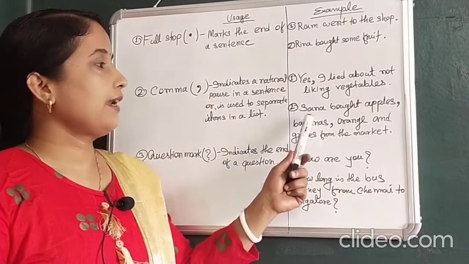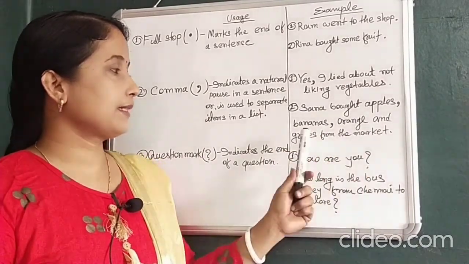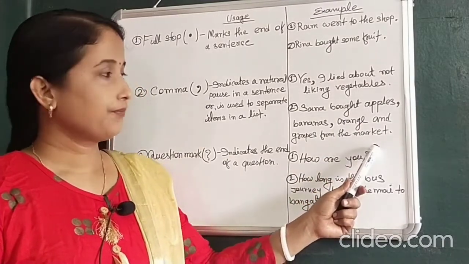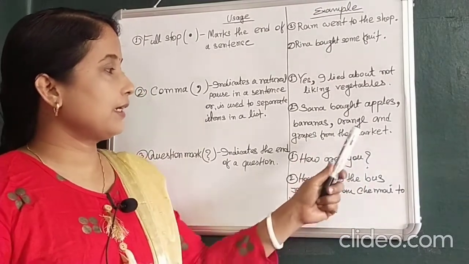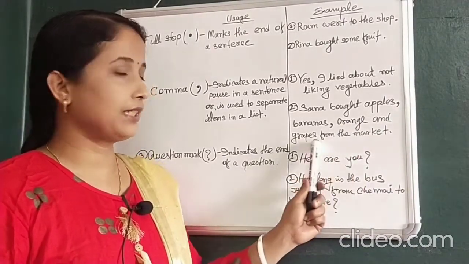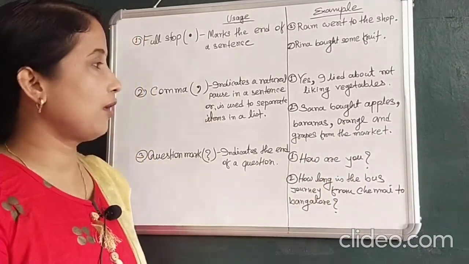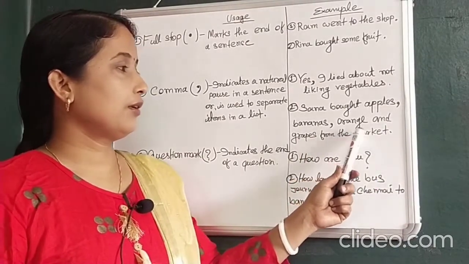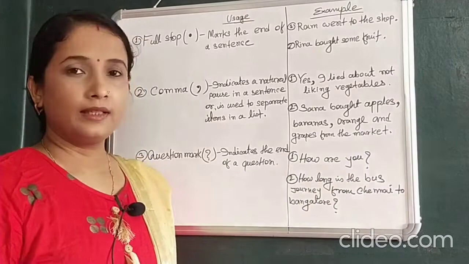Next, Shana bought apples, bananas, orange and grapes from the market. There are several items of fruit: apples, bananas, orange, grapes. So we use comma after apples, after bananas, and then orange and grapes.